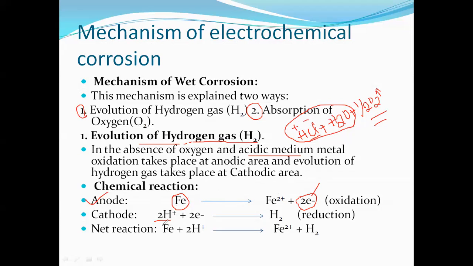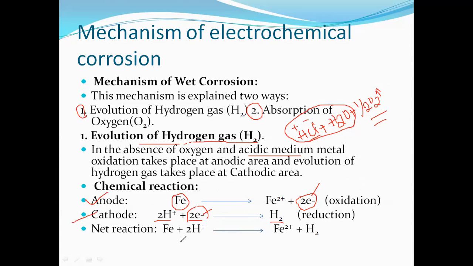The 2 moles of H+ gain electrons to give hydrogen gas. Gain of electrons is known as reduction, and loss of electrons is oxidation. So loss of electrons takes place on the iron metal surface, and gain of electrons takes place in the solution medium. If oxidation happens at the metal surface, what happens in the solution medium? It is reduced.